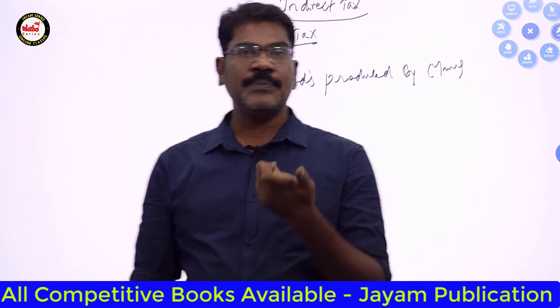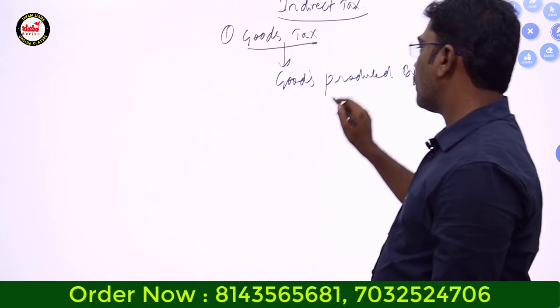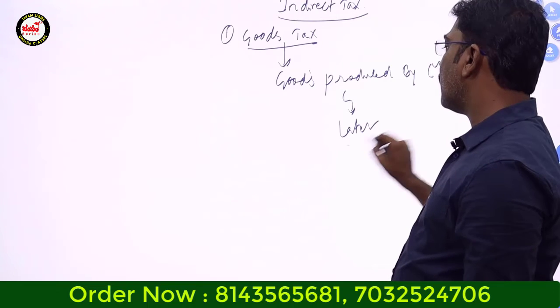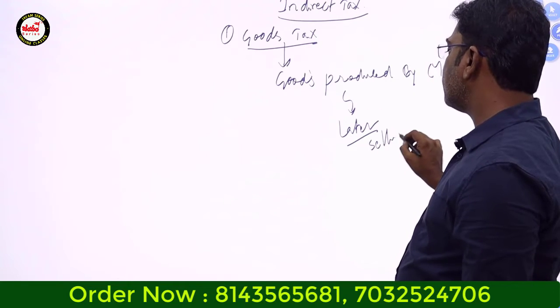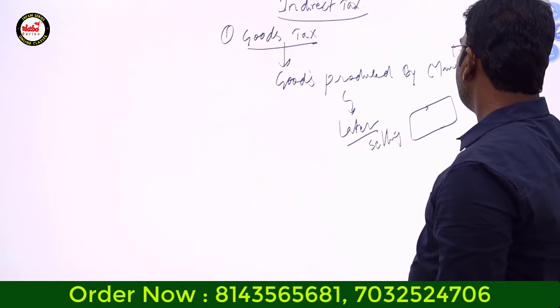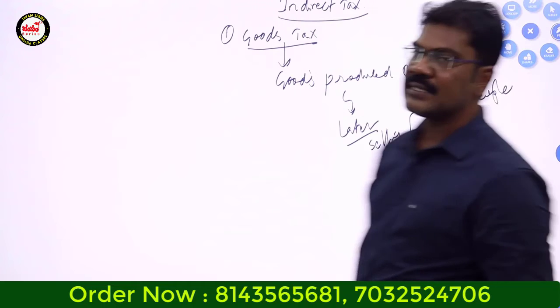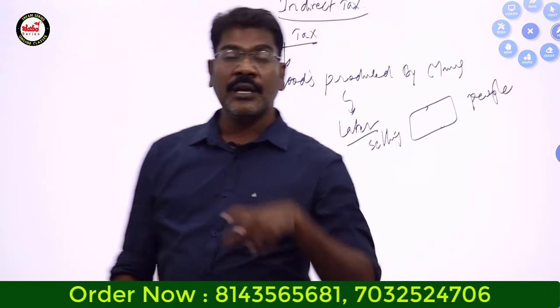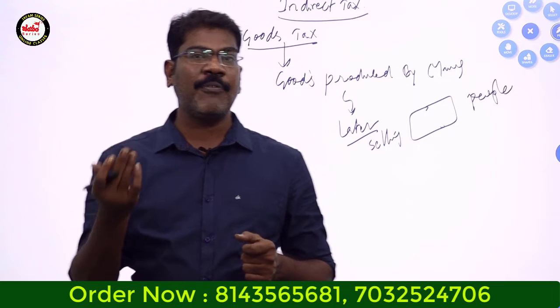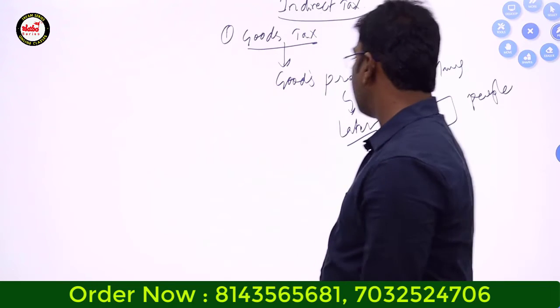Initially, the company pays the tax on that particular product. But later, after selling this product, they collect it from the people, meaning they are escaping from the tax. Are you clear? So they have a choice, because the burden of the tax can be forwarded. So please try to remember.